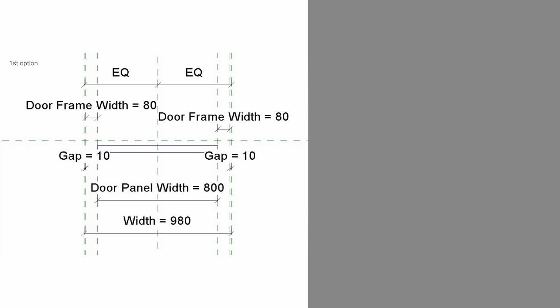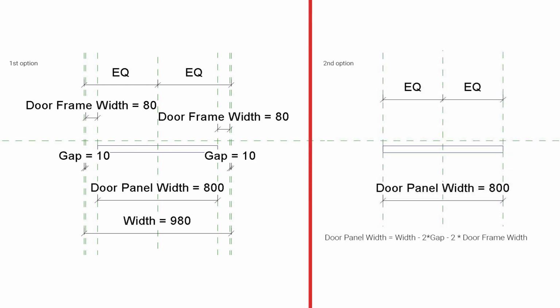Naturally, the door panel has a smaller width than the opening. Therefore, reference planes setting the indent from the total opening width by the gap and the door frame width are also required. The same has to be done in other directions, in terms of the height and depth of the opening. The second option, determining the dimensions of the door panel through formulas.